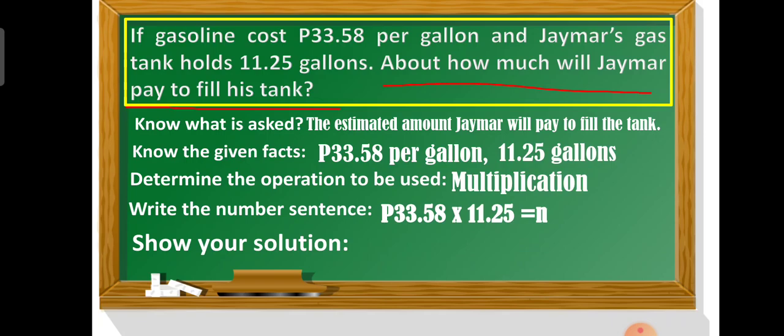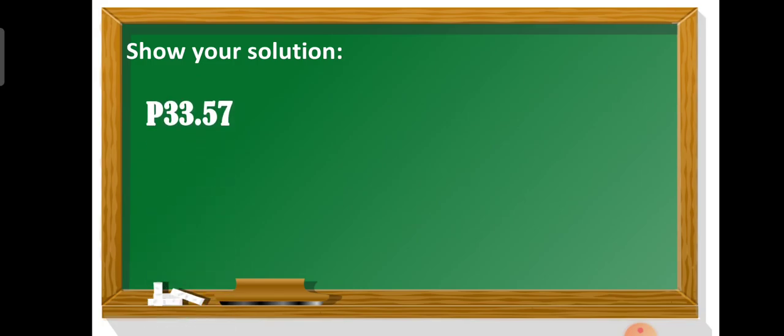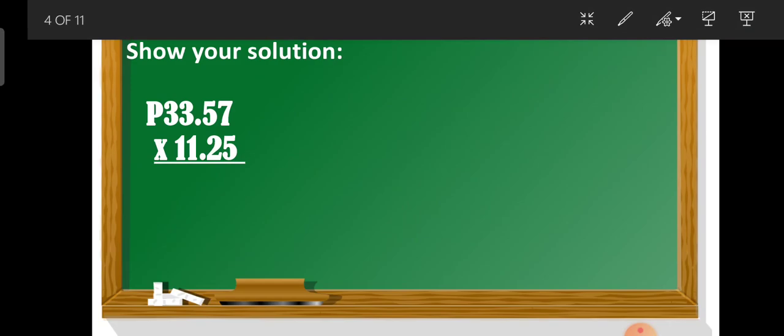Let us now proceed with our solution. So let us estimate now. How do we estimate these numbers? To estimate the product of these numbers, we need to round these numbers to the nearest whole number.